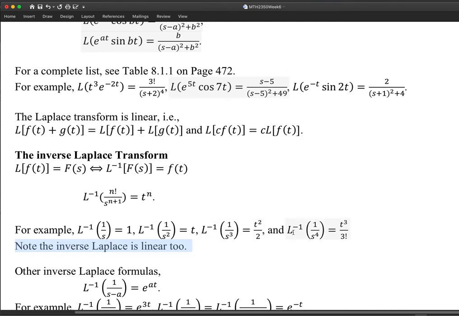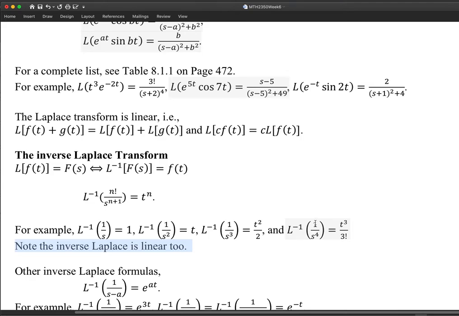And similarly, the inverse Laplace transform of 1 over s to the power of 4. Basically, we are matching the formula s to the power of 3 plus 1, but we do need to have 3 factorial on the top. So I pretended to have 3 factorial on the top, then I need to have another 3 factorial in the denominator.